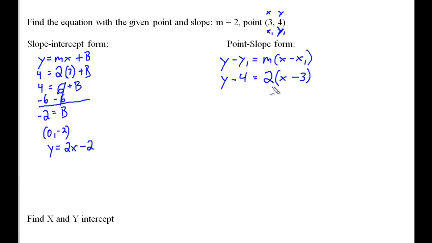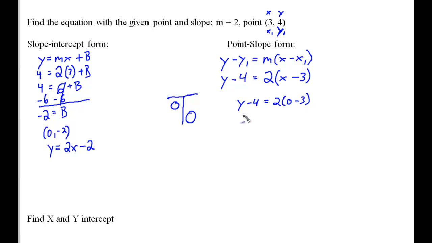Now, we're technically finished with the point slope form, but what we can do is find the x and y intercepts pretty easily. We practiced finding intercepts in the previous section by putting in a 0, so we're going to plug a 0 in for my x to find my y-intercept. So y minus 4 is equal to 2 times 0 minus 3.